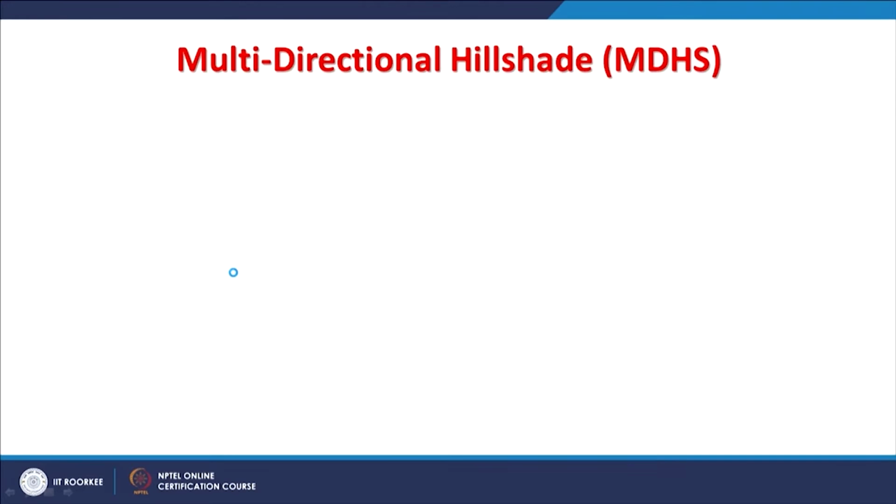Now comes the discussion about multiple illumination sources instead of one. Is it possible? Now it is becoming possible. I will show you some examples and the utility of multi-directional hill shading, or in short MDHS.